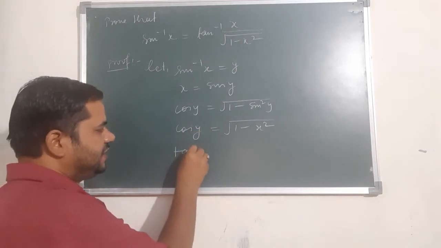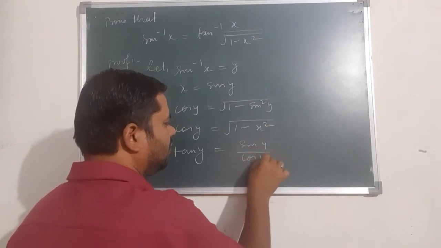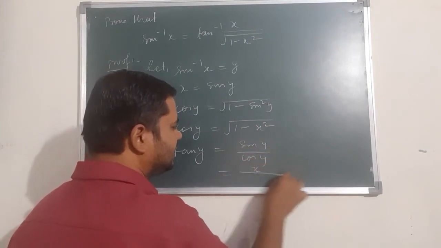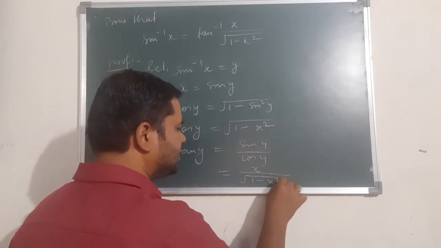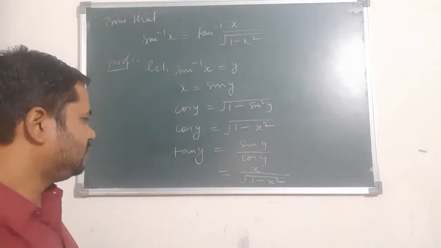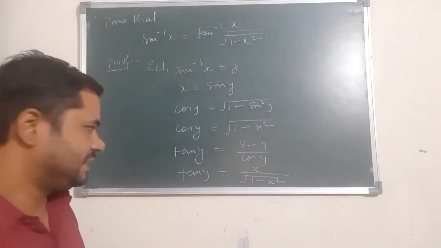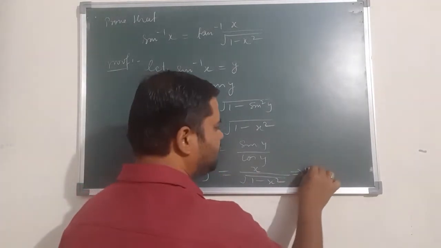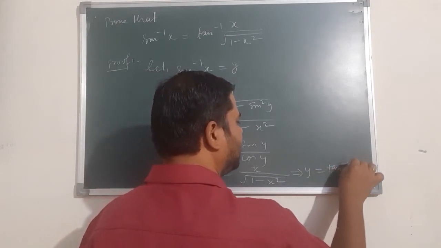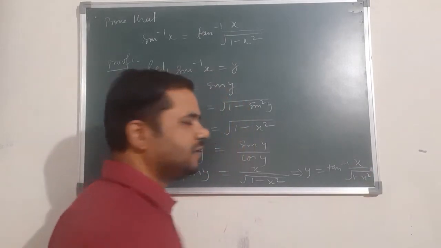So tan y is what? Sine y upon cos y. Sine y is x, and cos y is root of 1 minus x square. So tan y is nothing but x upon root of 1 minus x square. So y is tan inverse of x upon root of 1 minus x square.